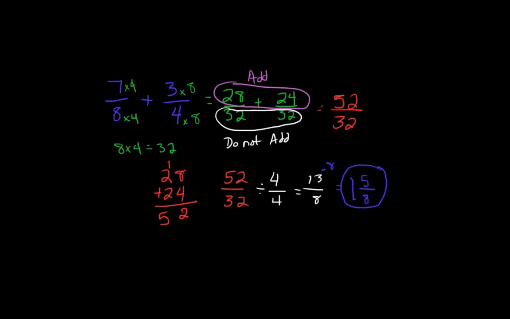Let's look at one for subtraction. Let's say we have 16/27 minus 2/9. We're going to go ahead and find our least common denominator. 27 and 9. 9 can go into 27 because 9 times 3 is 27.